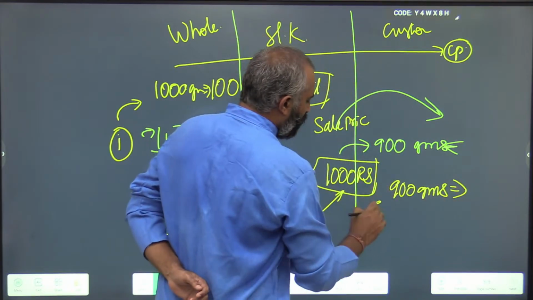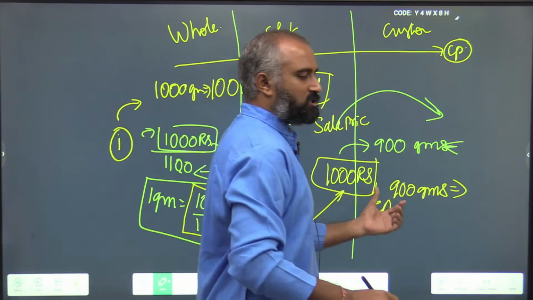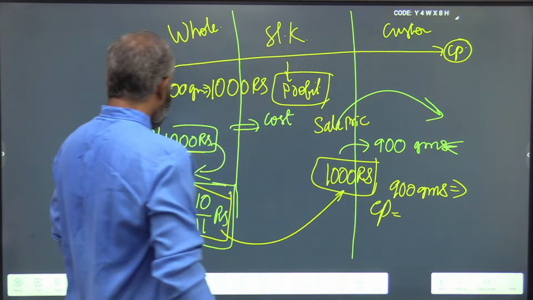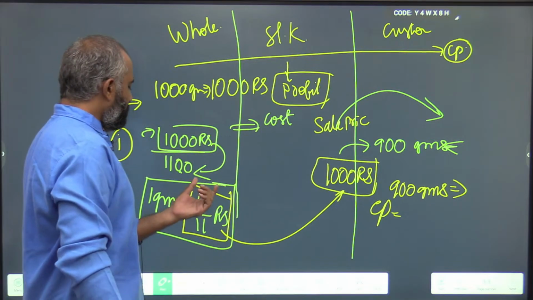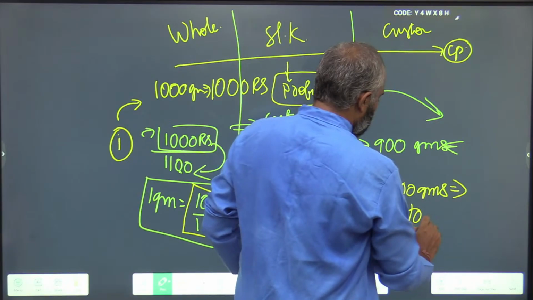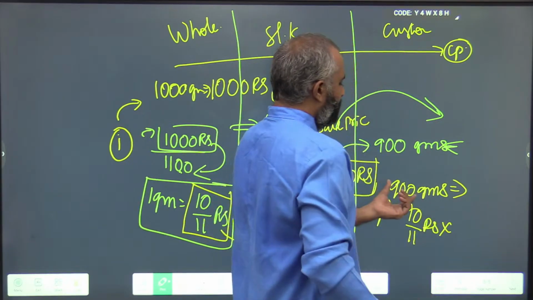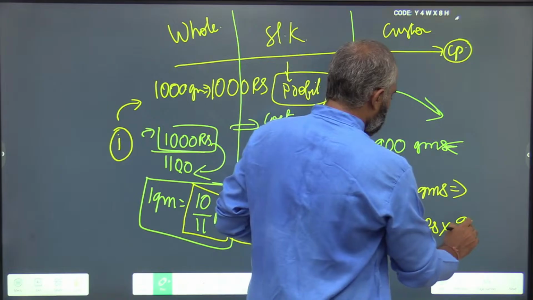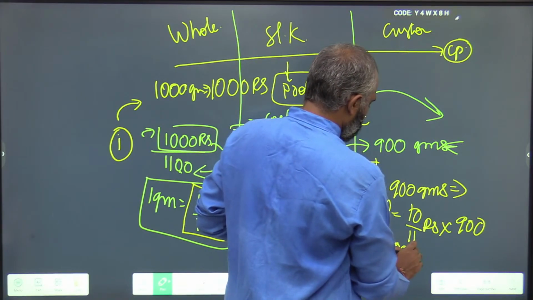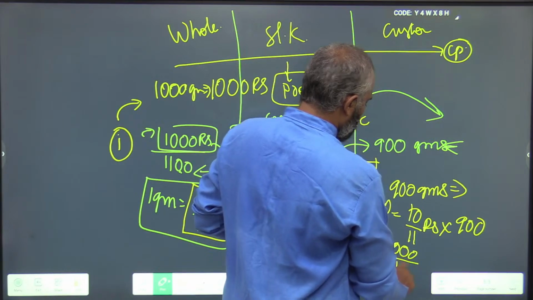So, the total cost price for these 900 grams is: each gram costs him 10 by 11 rupees, multiplied by the number of grams sold, 900. So it is 9000 by 11.